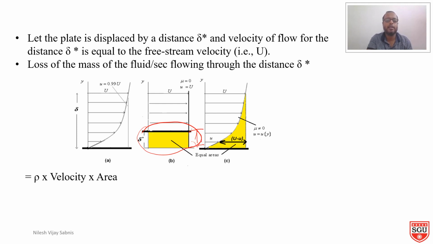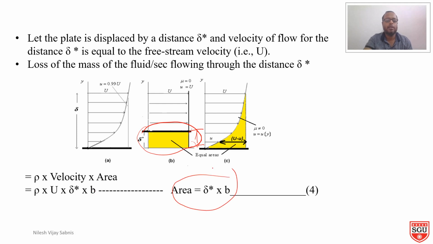The mass flow rate in this area can be calculated by considering rho as the density, v as the velocity and A as the area of cross section. Here rho is the same, capital U is the velocity as ideal fluid is there, delta star is the height and b is the width. So this is the loss of mass of fluid per second flowing through distance delta star. This is equation 4.